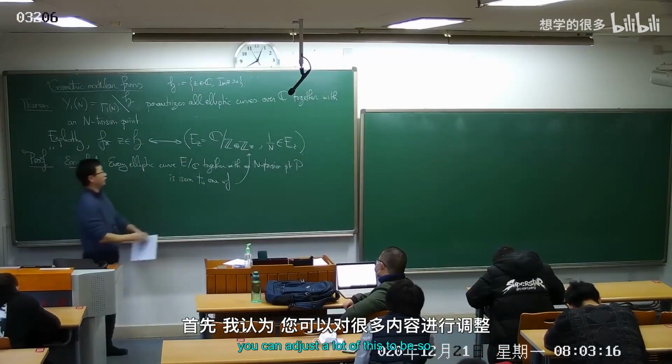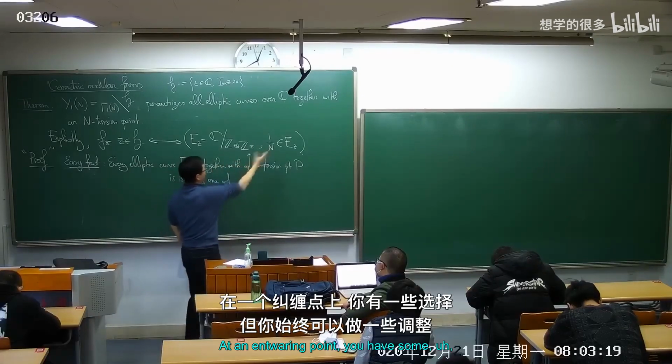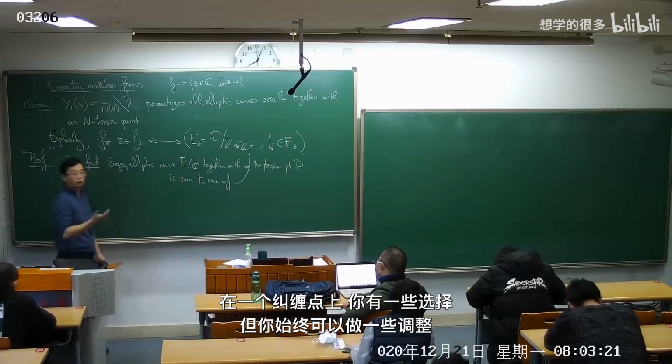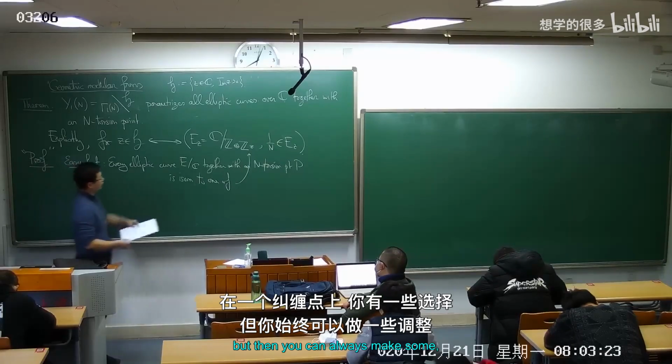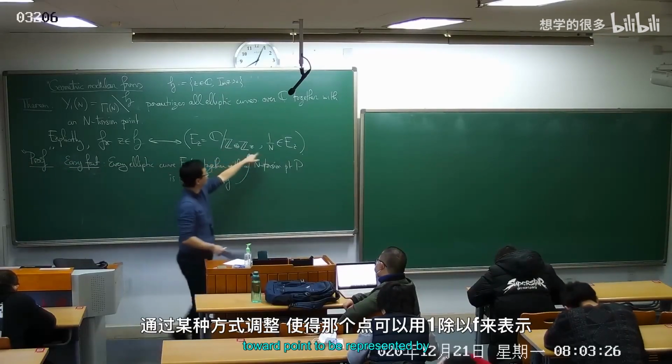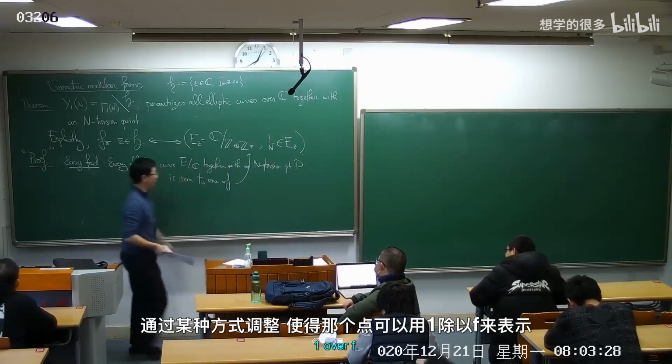First of all, you can adjust the lattice, and for the n torsion point you have a few choices, but then you can always make some changes so that the torsion point is represented by 1 over n.